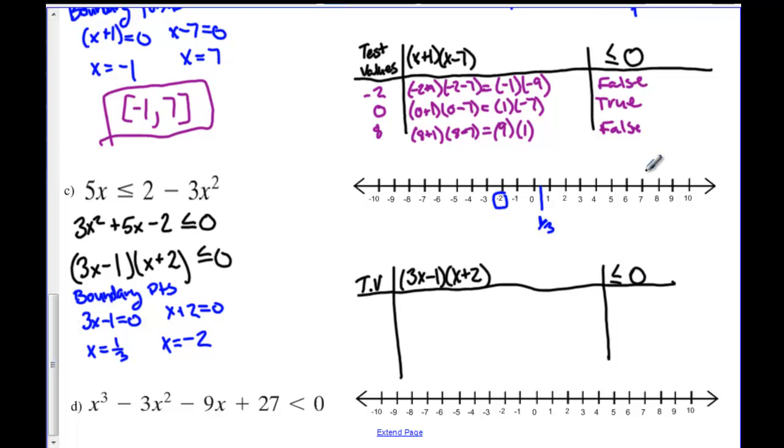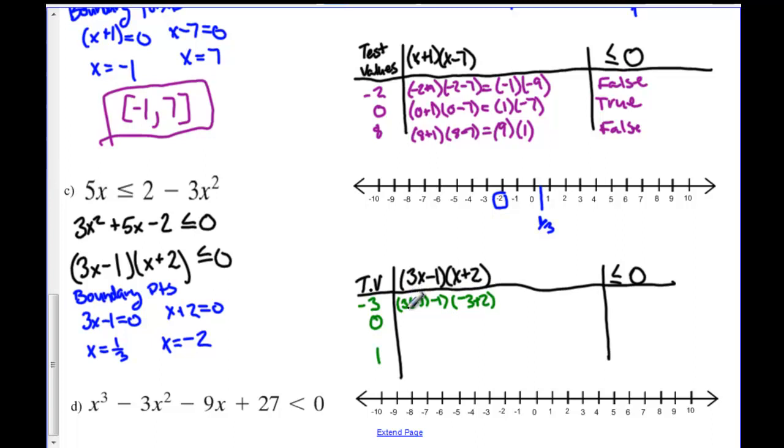All right, so we need to test values. What did you pick that was less than -2? -3 sounds good. What did you pick between -2 and 1/3? Yeah, 0 is good. What's bigger than 1/3? Yeah, 1 sounds pretty nice also. All right, so we've got 3 times -3 minus 1 times -3 plus 2.